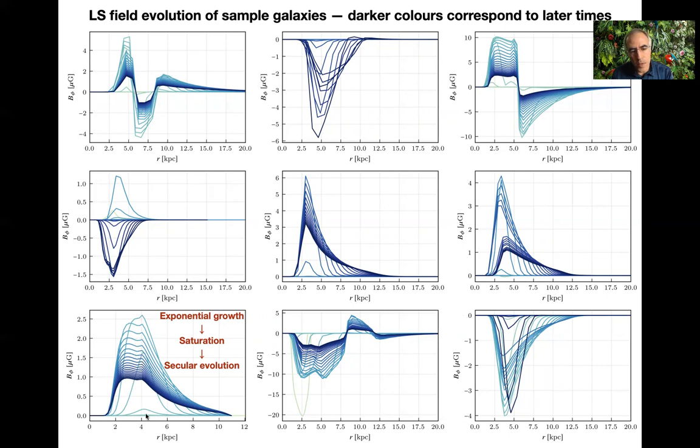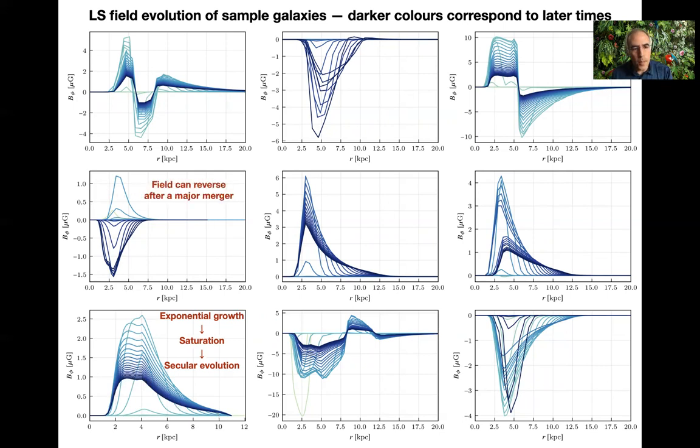It increases exponentially from very low values, some 10 to the minus 3, 10 to the minus 4, until it saturates. And once it saturates, there's a secular evolution where the field strength actually reduces. You see that at the late times, it's this dark curve.